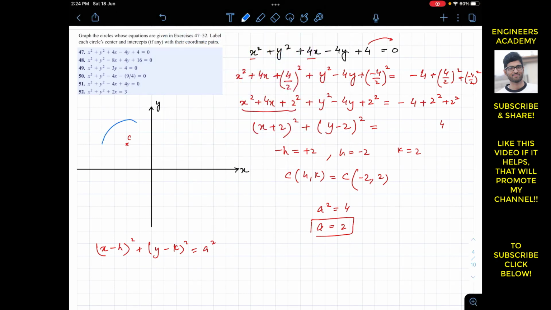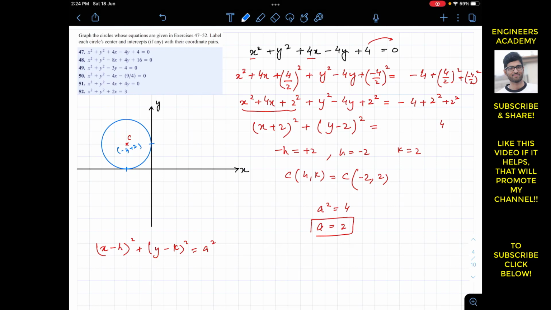So let's say that this is our required circle, and it has a radius of 2, 2 on every side, right? So this is the circle which has a center of minus 2 and plus 2, and this is the x intercept, and this is the y intercept.